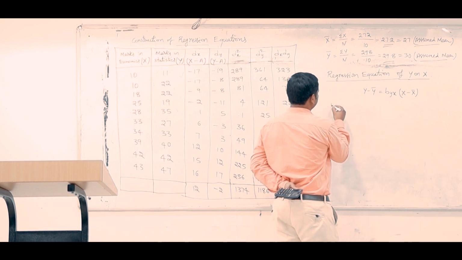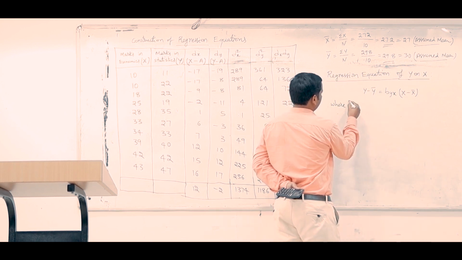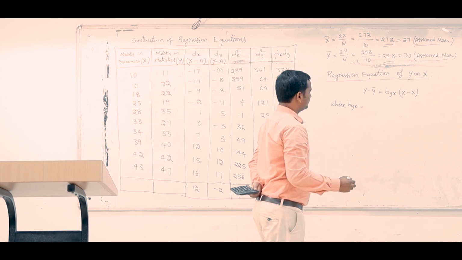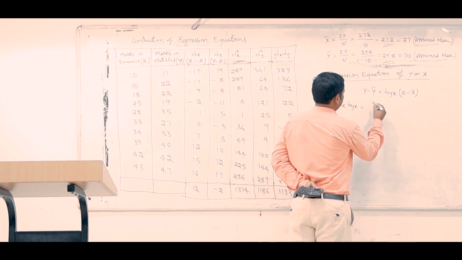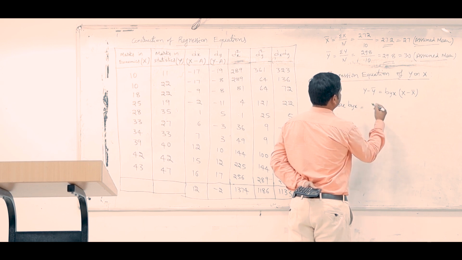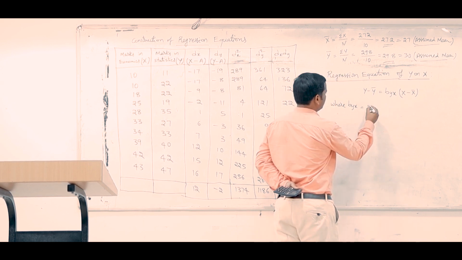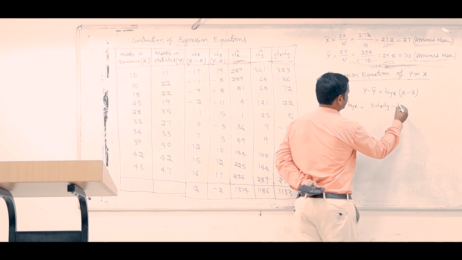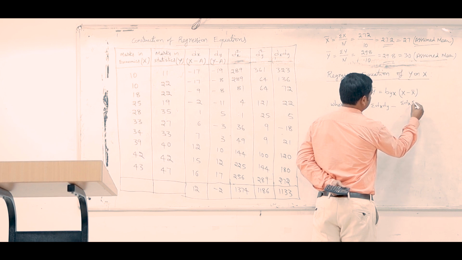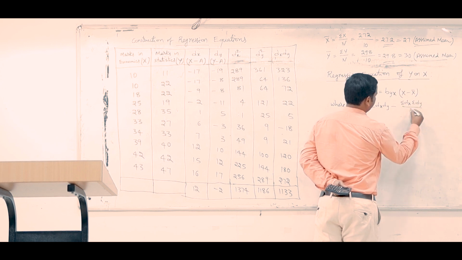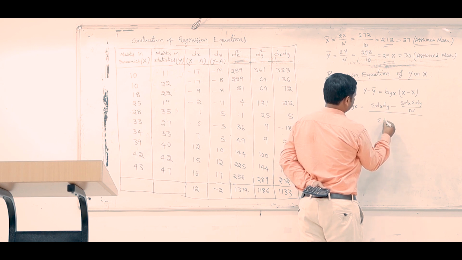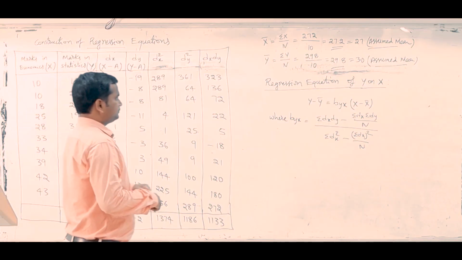Here byx is equal to, as it is the assumed mean method, the formula will be summation dx dy minus summation dx summation dy by n, whole divided by summation dx square minus summation dx whole square by n.